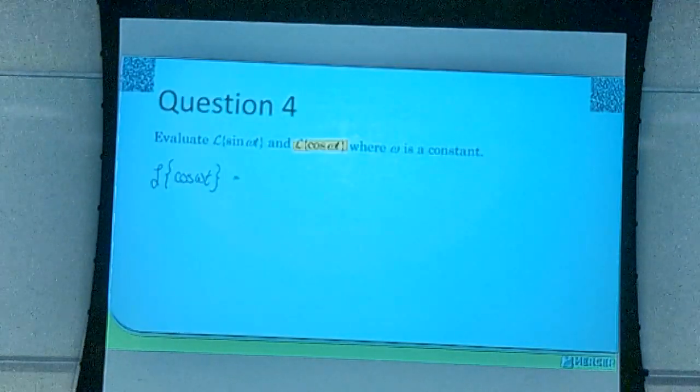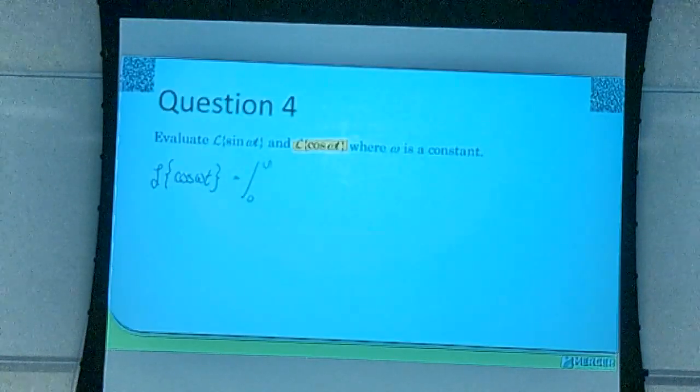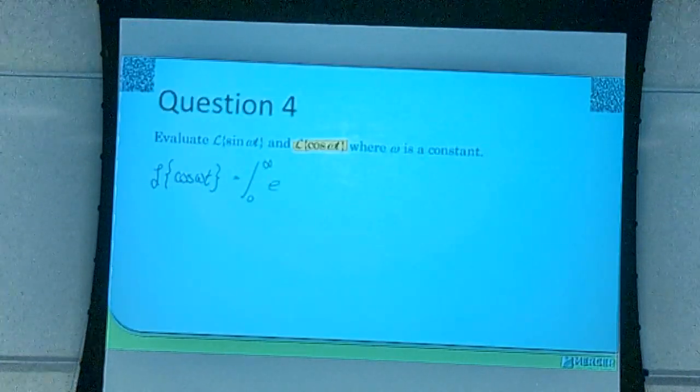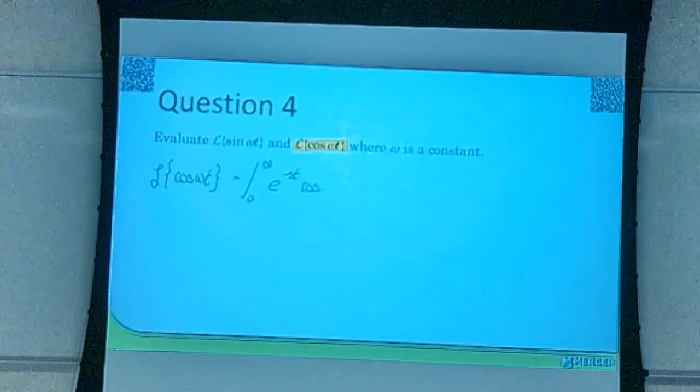Integral 0 to infinity, e to the negative st times cosine omega t dt.